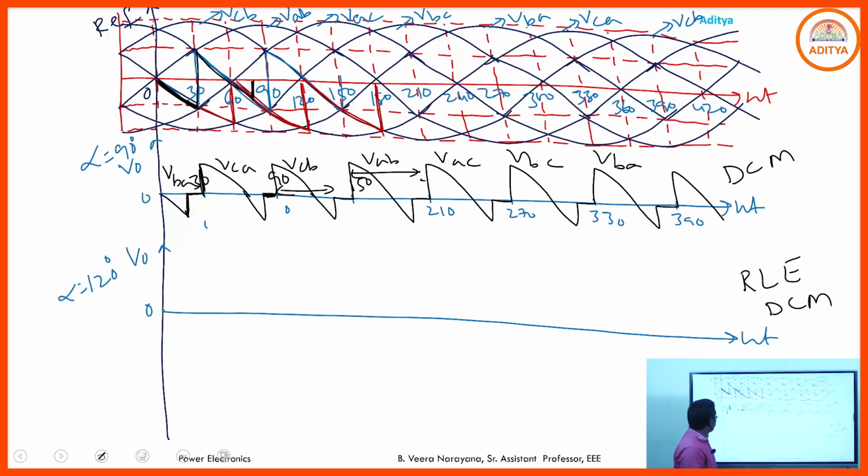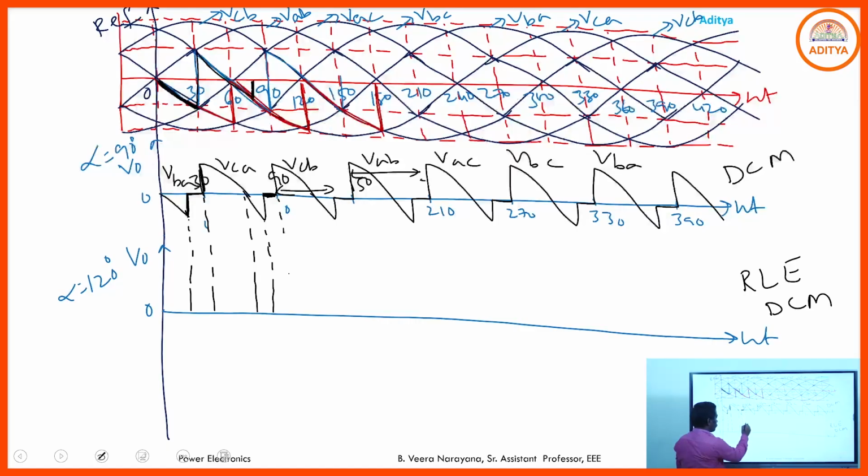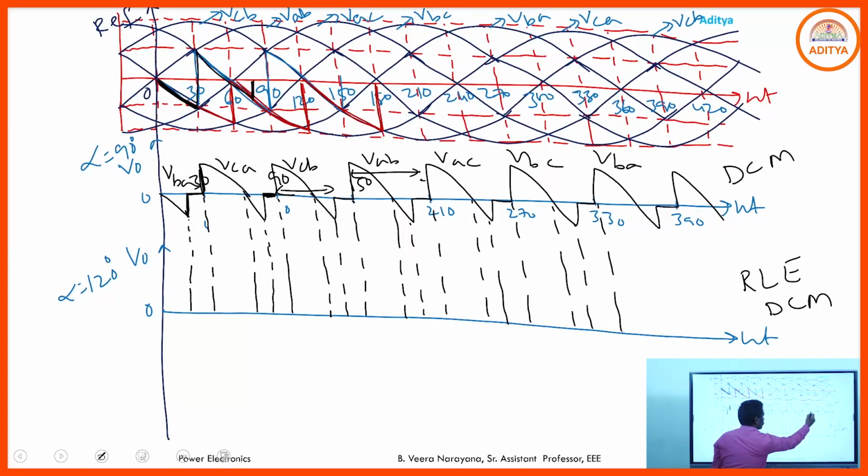Then what is the output voltage waveform? For the same alpha equal to 90 for RLE load under discontinuous conduction mode, see here, the output voltage waveform becomes 0 to 15 negative spike and 15 to 30 0.